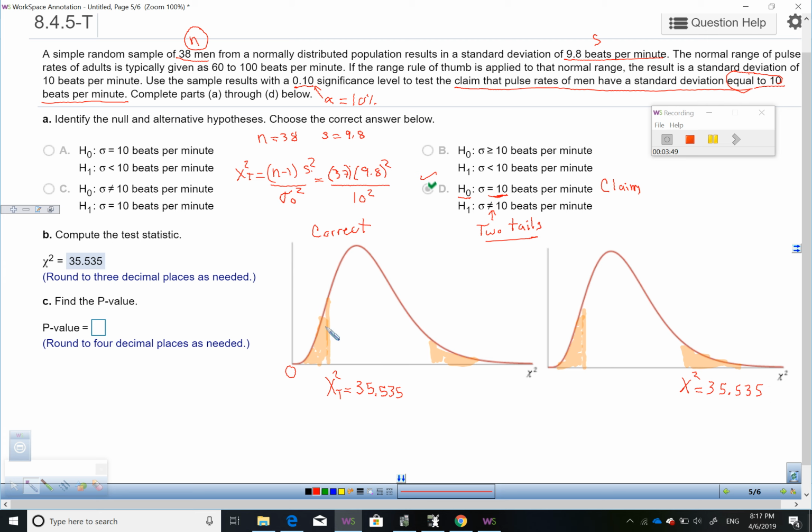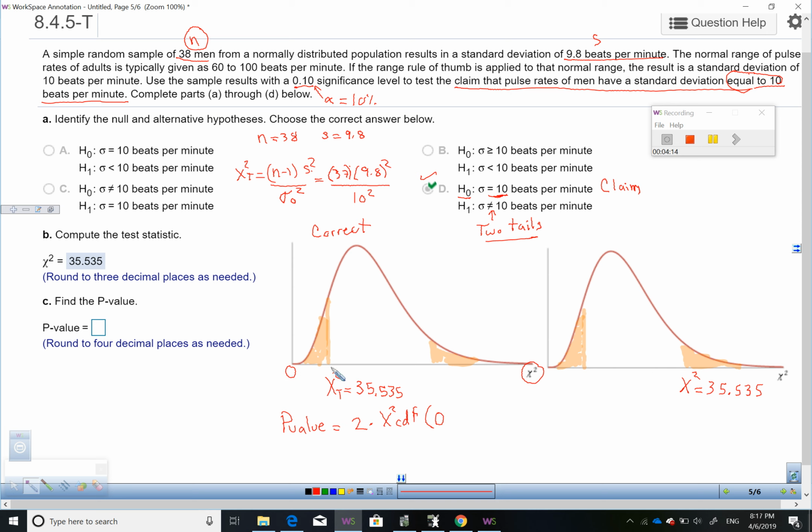To find this area, we need the function on the calculator that is chi-square CDF. So the p-value is equal to twice chi-square CDF. The lower limit is 0. Remember that this type of distribution starts at 0.